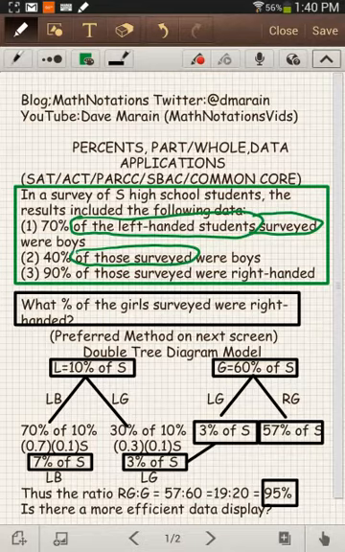But this is different from the first piece of information. In condition 1, it was a percentage of just the left-handed students who were surveyed. Condition 2 is out of all those who were surveyed. And again, condition 3, out of all those who were surveyed.